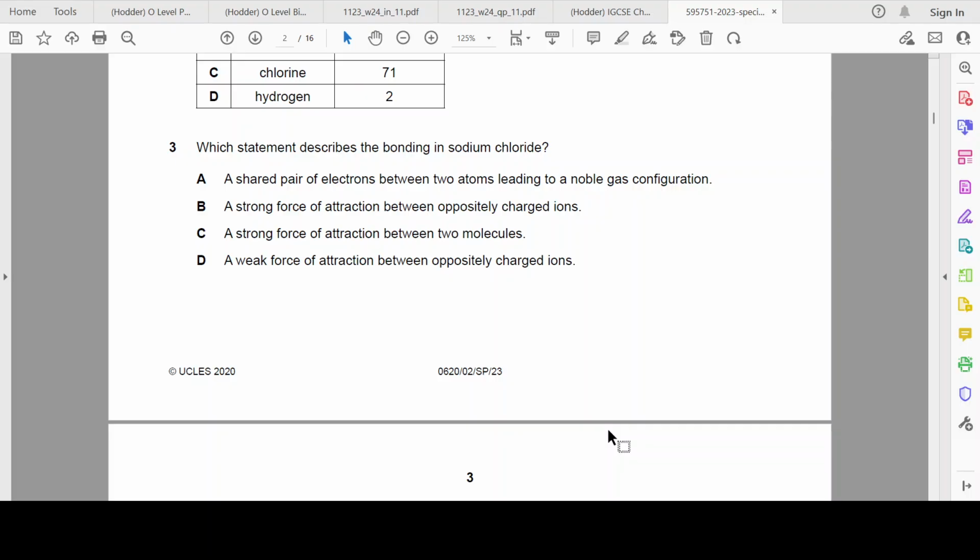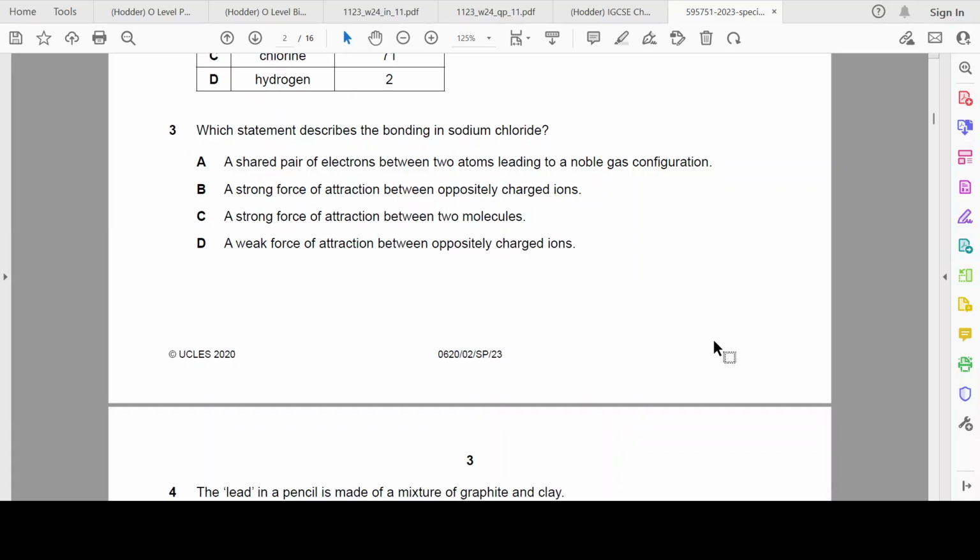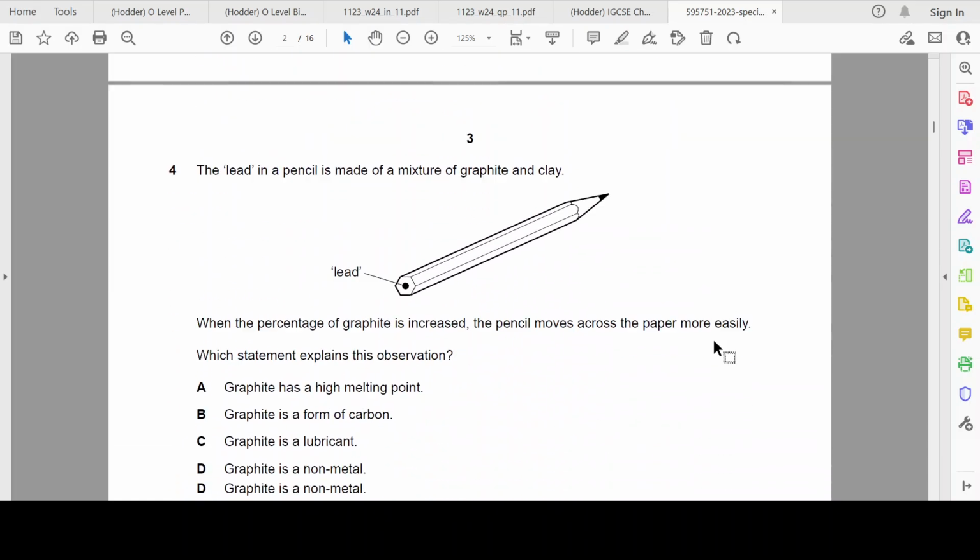So it's not D, it's B. Ionic compounds have strong electrostatic forces of attraction. So the answer would be B.